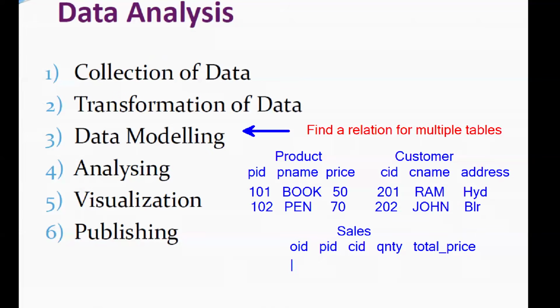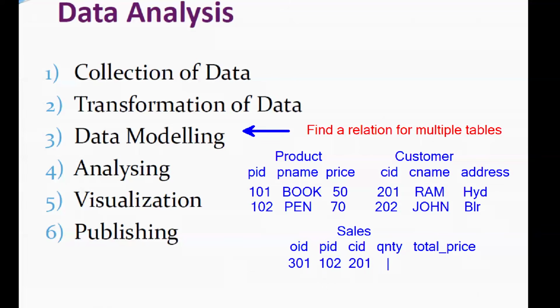And come to the sales table. What you can find here, order ID, right? Order ID is 301. Which product is ordered? 102 is ordered. 102 is a pen, right? And who ordered this pen? Customer 201 ordered. Who is 201? Ram.